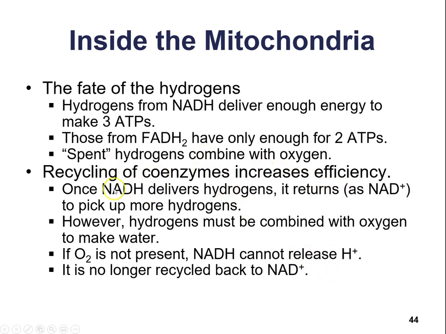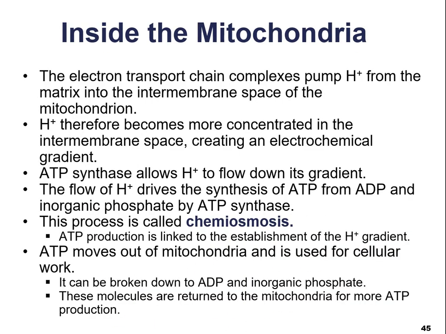Once NADH delivers hydrogens, it'll return as NAD+, and then it can go pick up more hydrogens, okay? So these coenzymes are continually recycled. If oxygen is not present, NADH cannot release its hydrogen ion, and then it wouldn't be recycled back to NAD+.